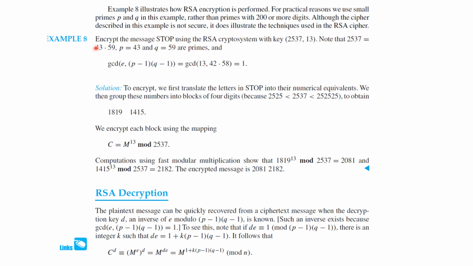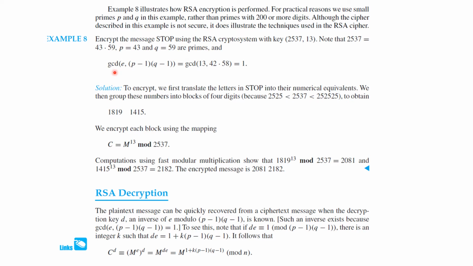So what we're going to do is encrypt the message "stop" using RSA encryption with the key (2537, 13). Note that 2537 is the product of two primes, 43 times 59. So p is 43 and q is 59.